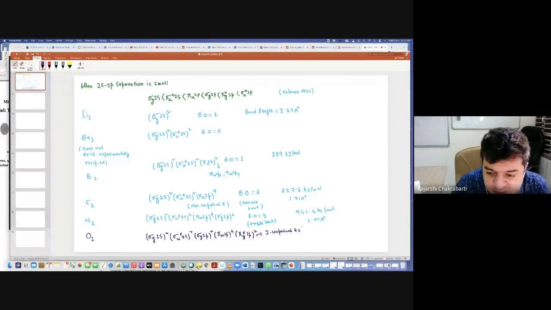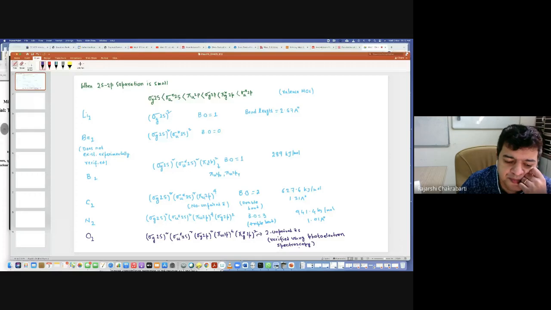What does it mean? And this can be verified using photoelectron spectroscopy. Okay, you can verify this.